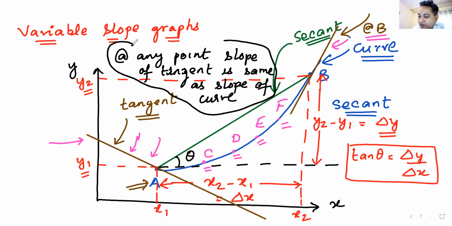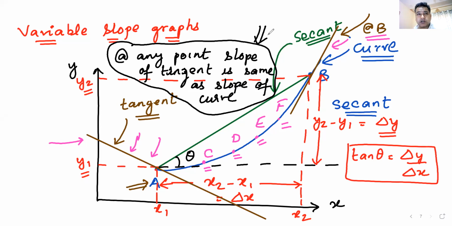At different points, I can draw different tangents, and those different tangents will have different slopes, as you can see, A, B, C, D, and all. The slope of a tangent at any point on a curve is also the slope of the curve.